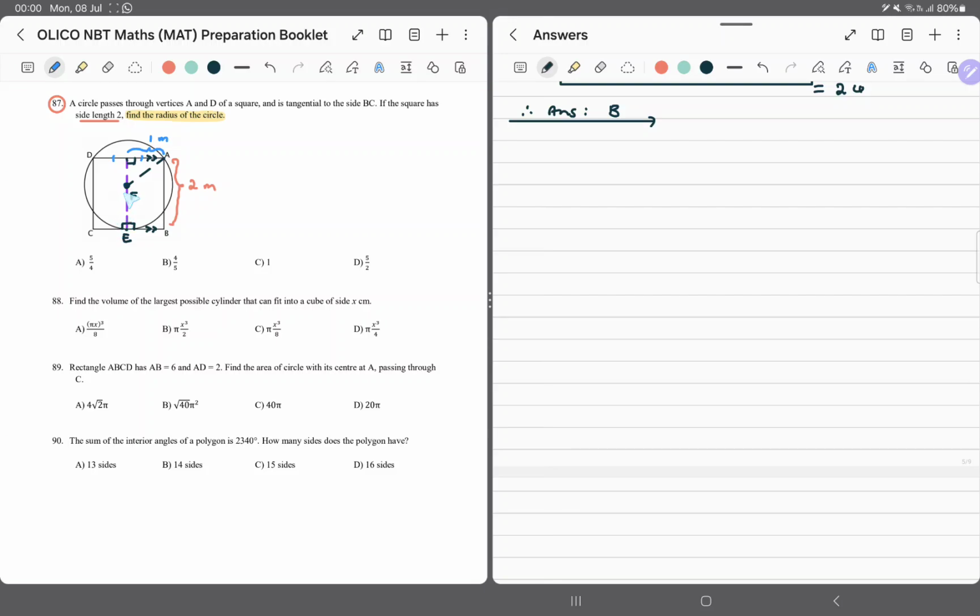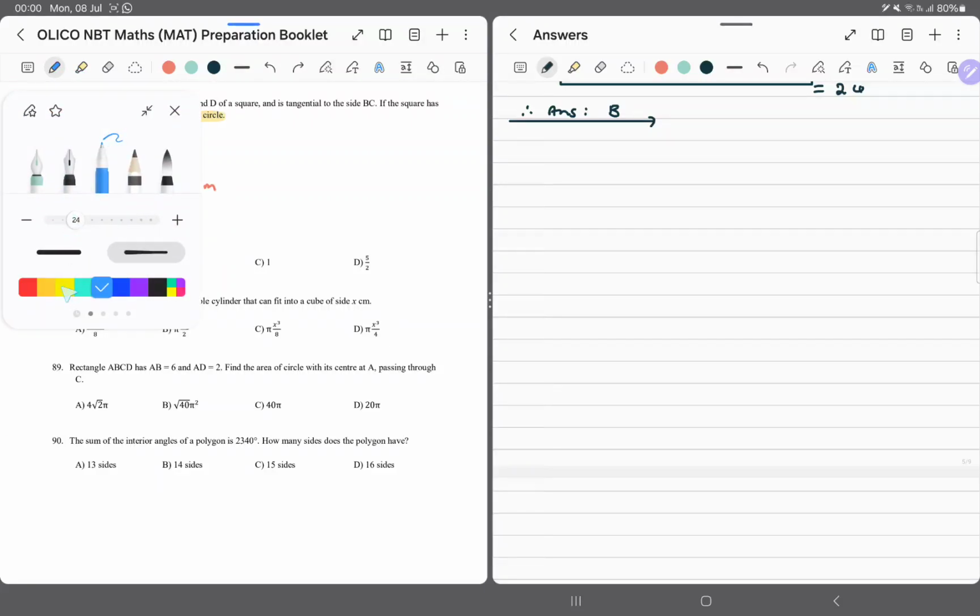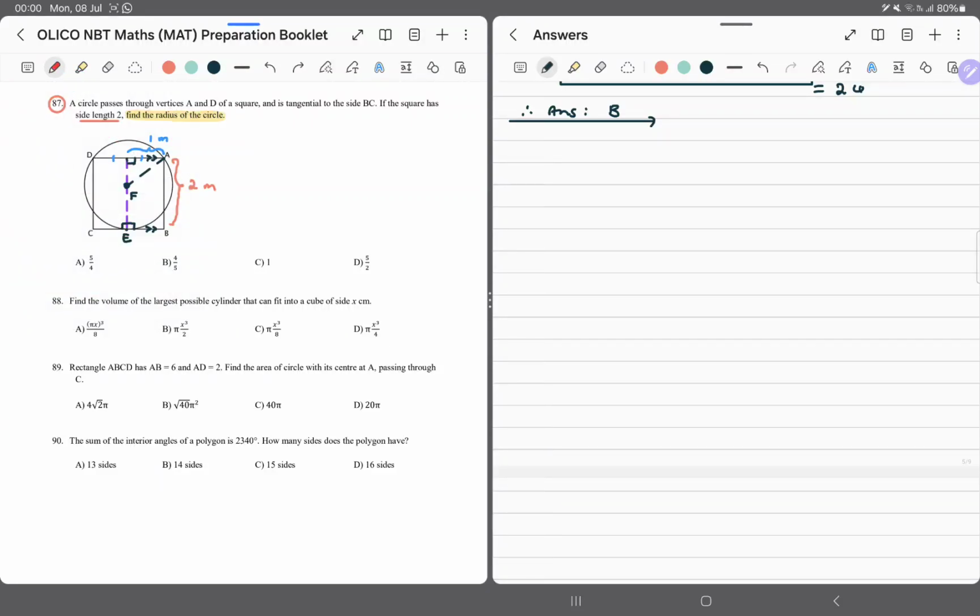So if we make the radius x, for example, let's say the radius is x. Then this little portion there is going to be 2 minus x. This is very important.